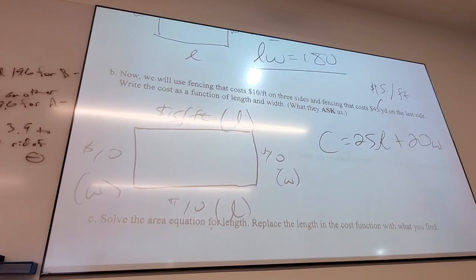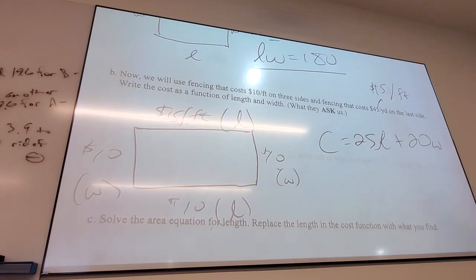Because you're going to have to know the dimensions at the end anyway. It doesn't matter if I figure out L first or if I figure out W first. Whatever one I figure out first, I'm going to figure out the other one. Does that make sense? Okay. So it doesn't matter which letter I solve for first.